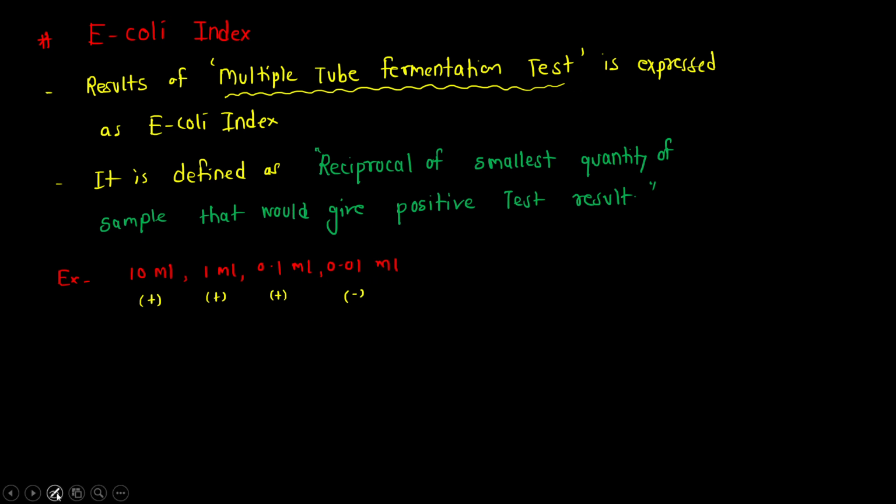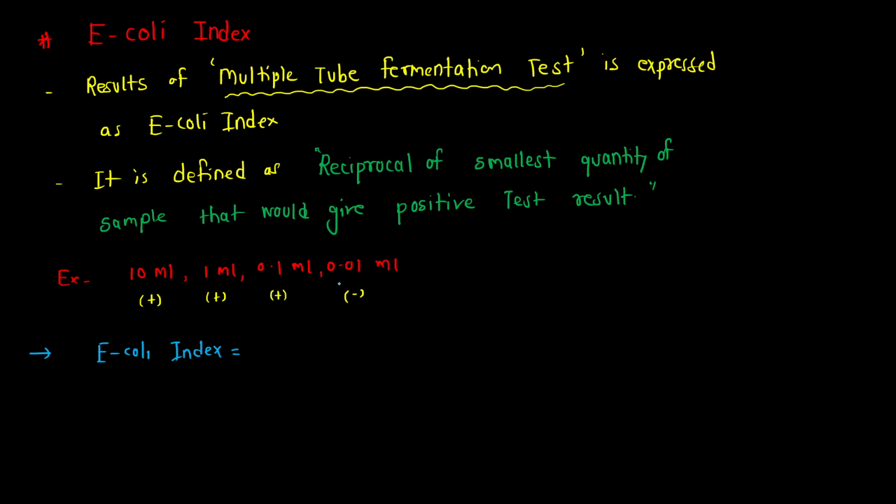Now what is E. coli index? It is the reciprocal of the smallest quantity of sample. Now in this, which is the smallest quantity? 0.01 ml. But what is the next point? That would give a positive test result.